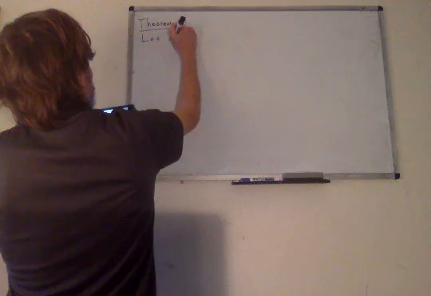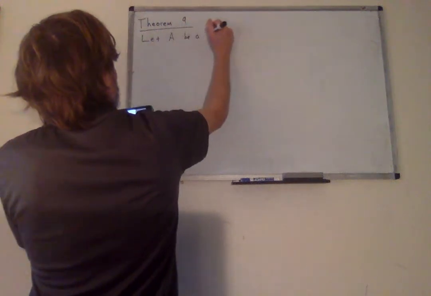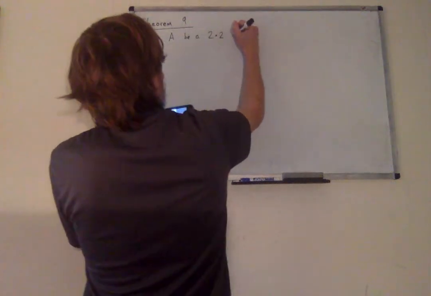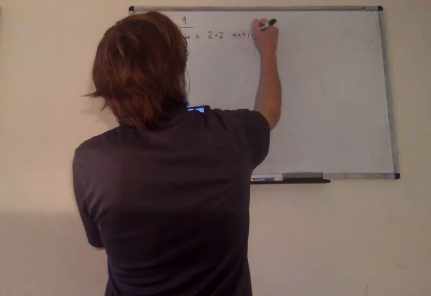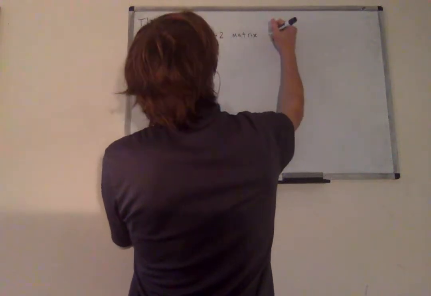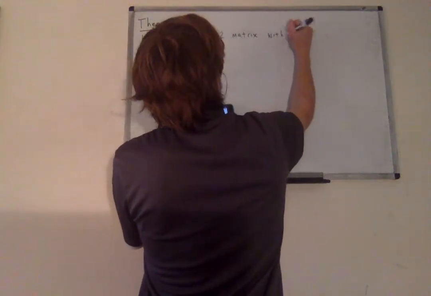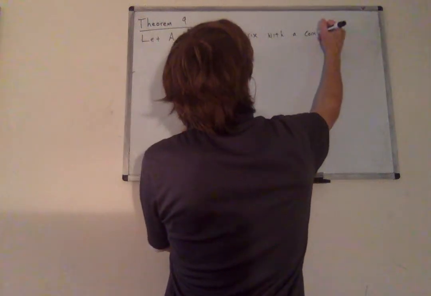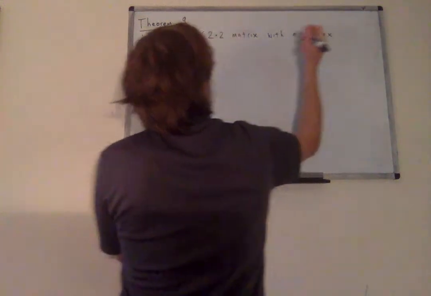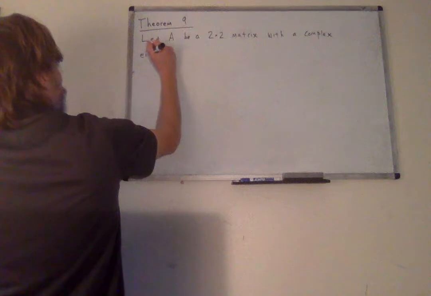So if A is a 2x2 matrix with a complex eigenvalue, and notice here, all we need to do is find one complex eigenvalue to guarantee that this all happens.